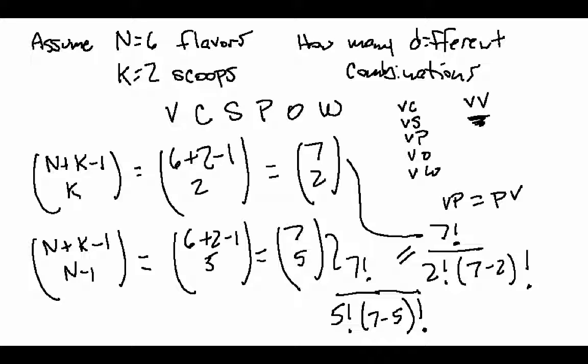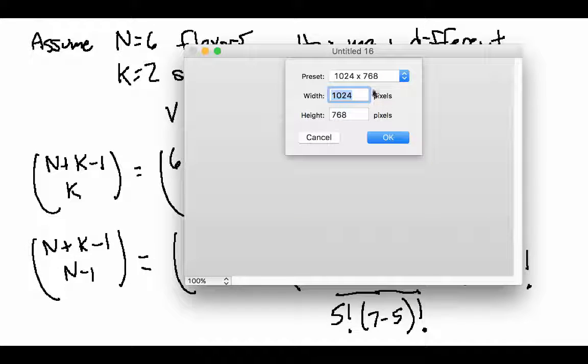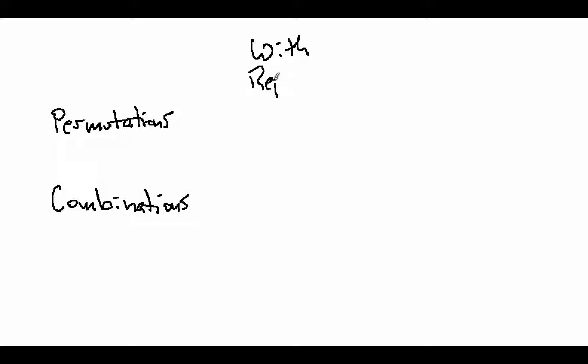So here is the big theoretical result from these 2 sections here, or actually from these 4 sections. We can have permutations, we can have combinations, we can have with replacement, we can have without replacement.